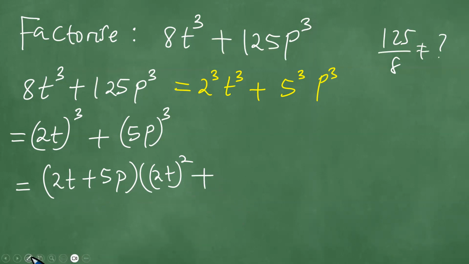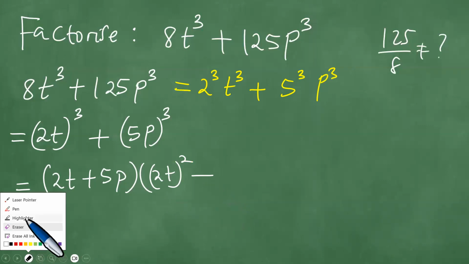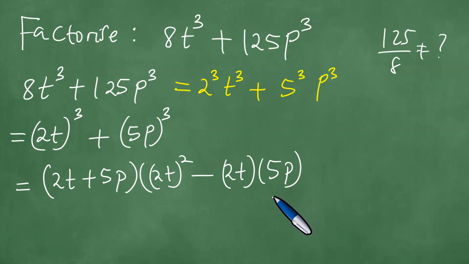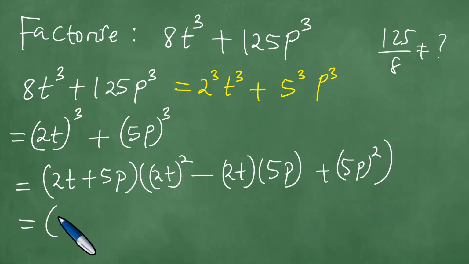Plus, now you put a minus because the signs are both plus, so you need to put a minus. Then 5p. Please come again. Plus 5p squared. Yes, plus the 5p all squared. So what's the answer here?